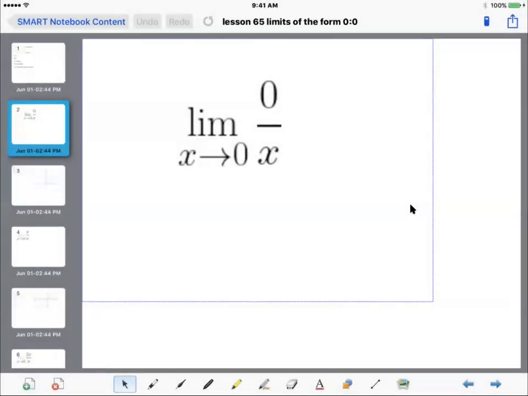Okay, so here is an example of a limit, and I fixed up my font so that this is where the x arrow 0 goes. I know that on the last lesson I had it in between the lim and the function, but it really goes underneath like that.